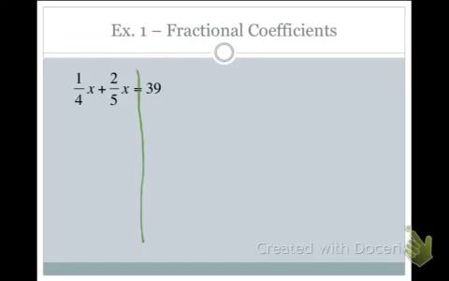So what I want you to do, a quick way to do this, is to just take your two denominators and multiply those two together and say, what is that result? Well, I know 4 times 5 is 20. Now, for us, that's known as an LCD. It's the first number that both 4 and 5 go into. So you can think of it as an LCD, or you can always just multiply all your denominators together. The more fractions, though, the larger the number, so be careful of that.